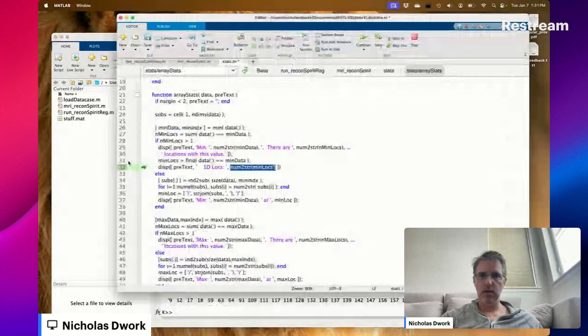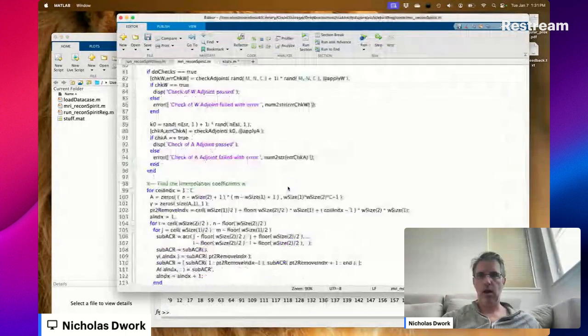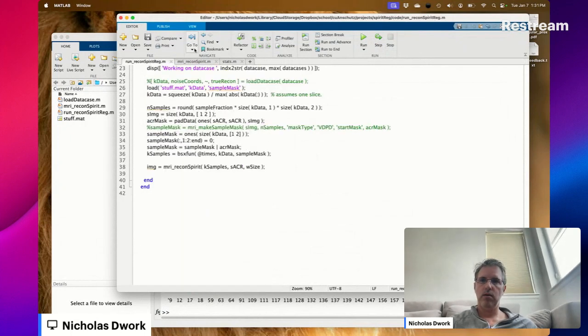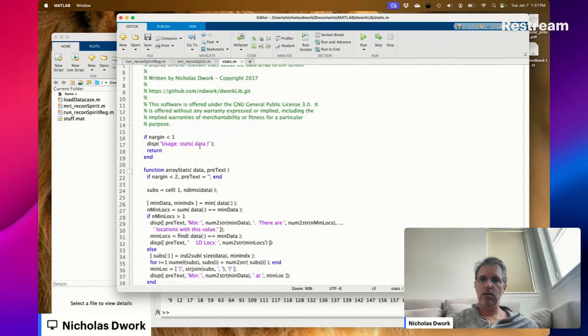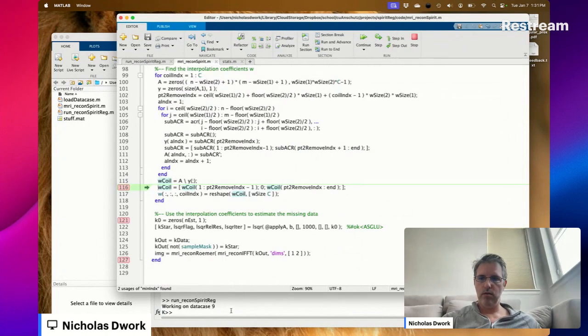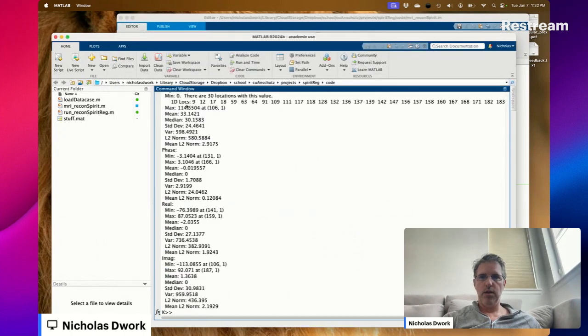Let's see if that works. There they are, the 1D locations.